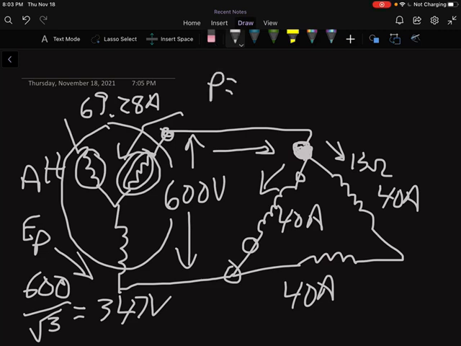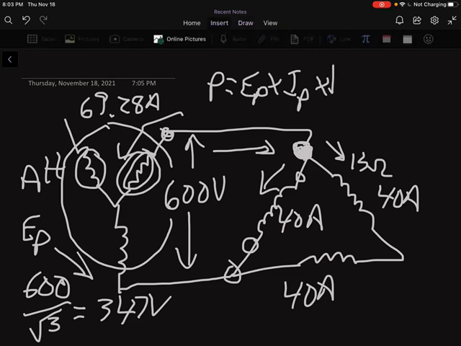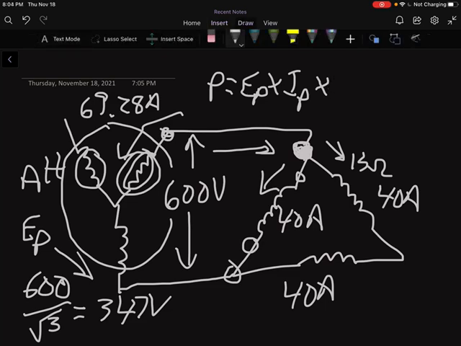Power is equal to E phase times I phase times 3. So in this case, we would use 600 volts times 40 amps times 3.